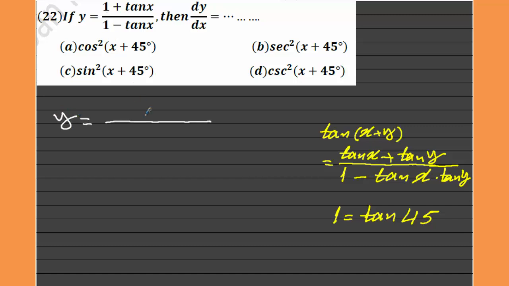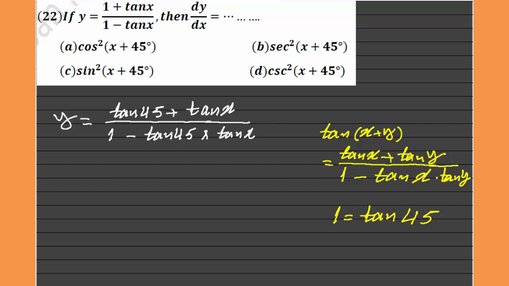Instead of 1, we write tan 45 plus tan x over 1 minus tan 45 multiply tan x.